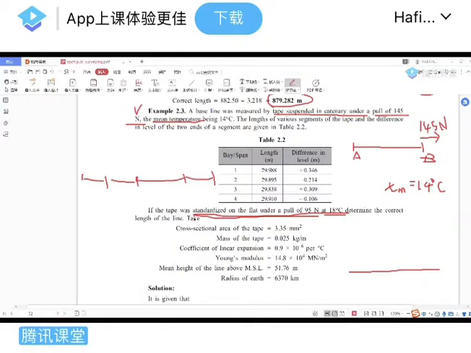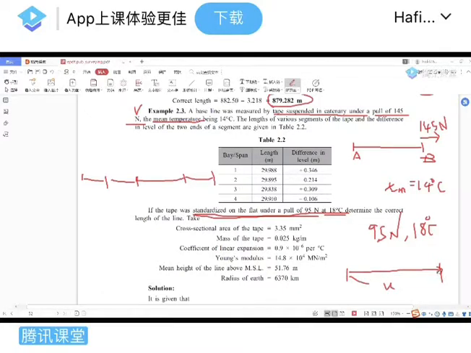Okay, so now you standardize this tape based on this condition. The condition is temperature is 18 degrees Celsius, and the force is 95 newtons. Yesterday, like I said, under this force and this temperature, you pull it, and you have a physical distance.